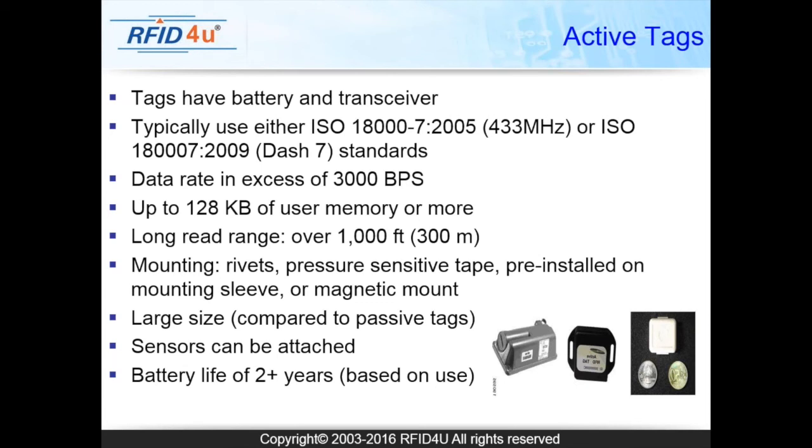The data rates are very high, in excess of 3,000 bytes per second, up to 128 kilobytes of user memory, so you can put a lot of memory out there if you want to.